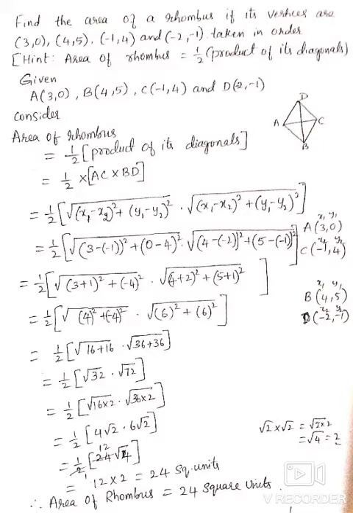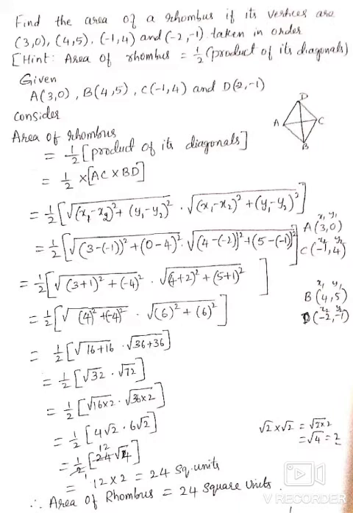That is half of square root of (3 plus 1) whole square plus (0 minus 4) whole square, into square root of (4 plus 2) whole square plus (5 plus 1) whole square.